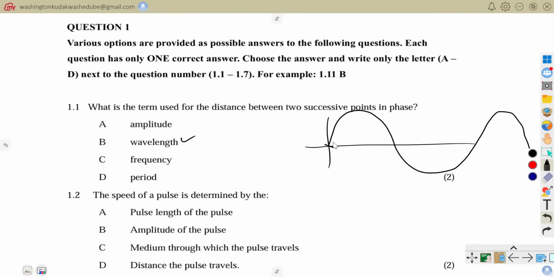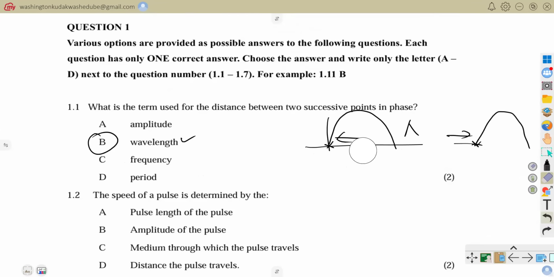You would have to see that this point A is in phase with this point B. So these two successive points in phase will give you something that we refer to as your wavelength. So that becomes the distance in between two successive points. That is your wavelength. So that was the answer that they were looking for, which is B.